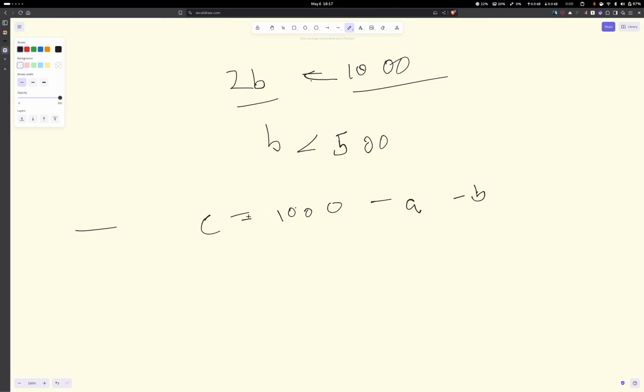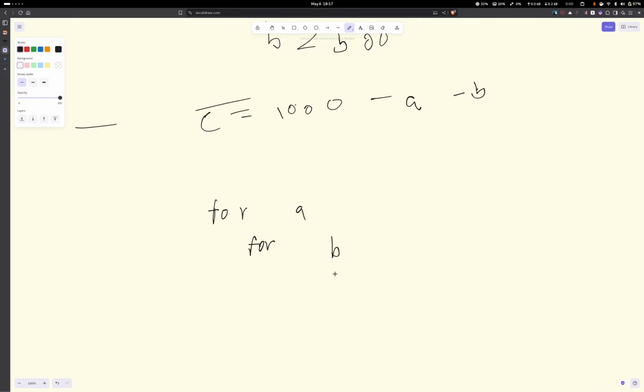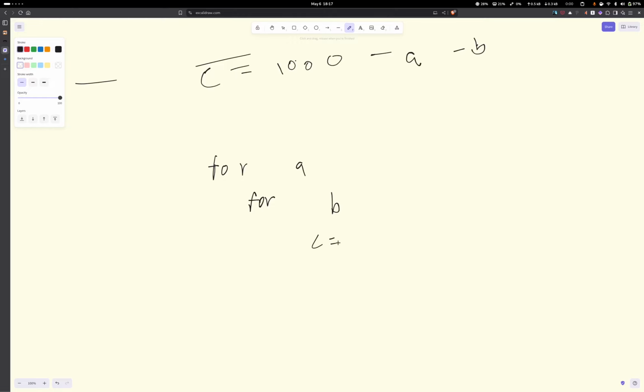C cannot be anything other than what is determined by A and B. So C is not independent. So we actually don't need a third for loop, because if we have for A and for B, then C can be only one thing. So C can only be 1,000 minus A minus B, right?